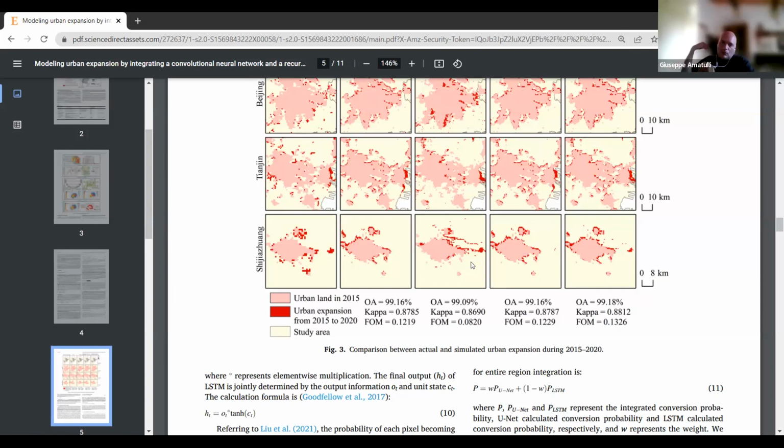And then you are predicting the probability to become urban. So your input variable is 0, 1, categorical, where 0 is whatever is not urban, and 1 is the expansion in that particular year. Okay?